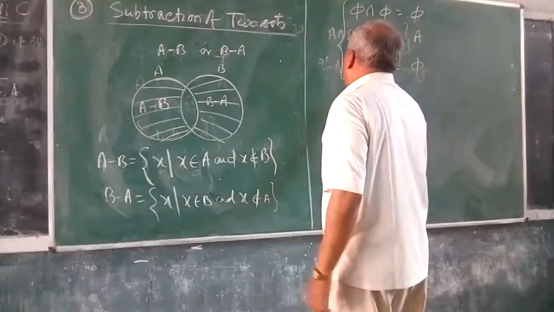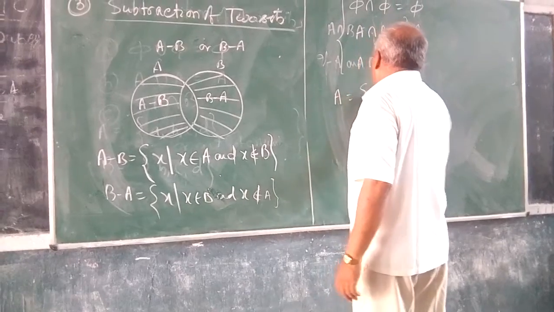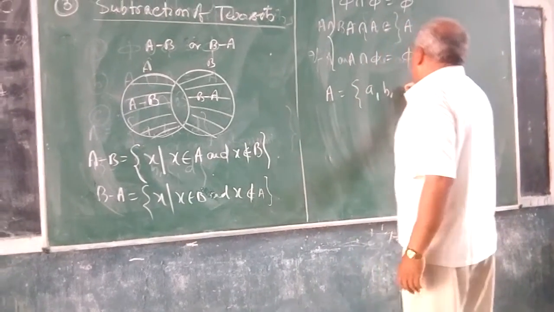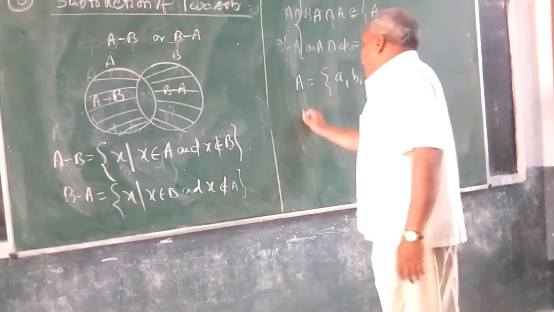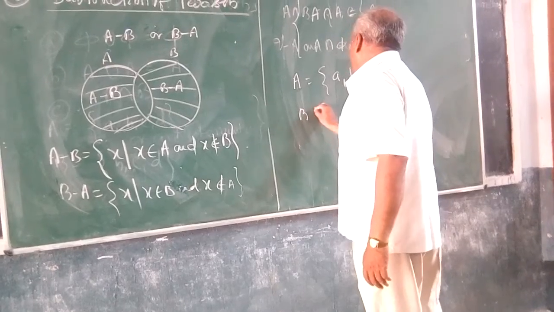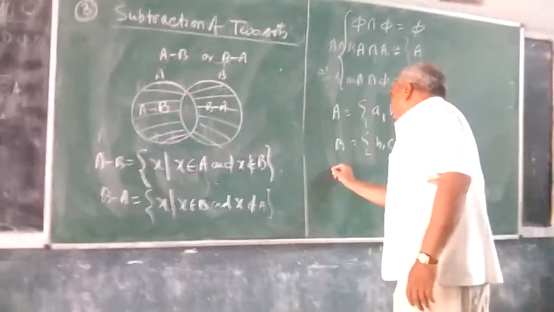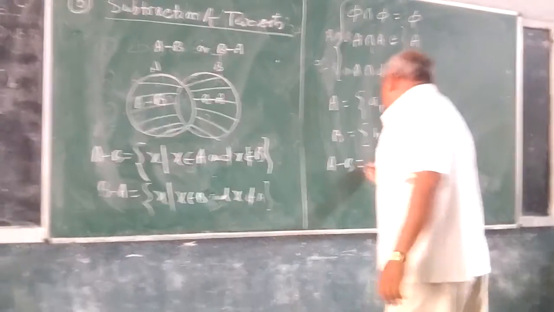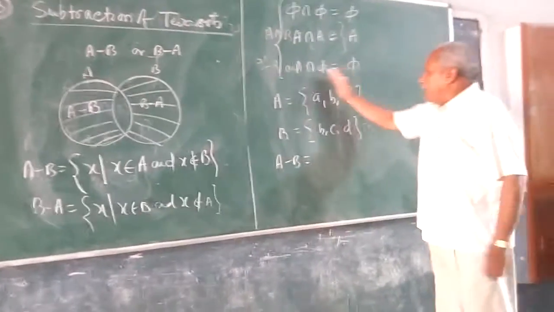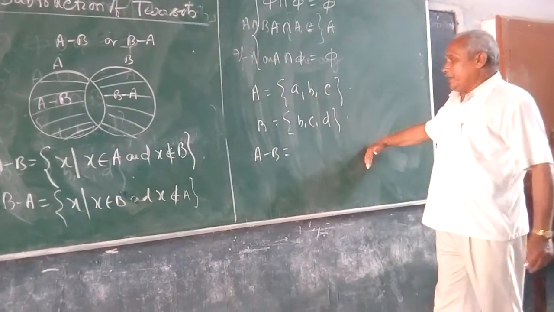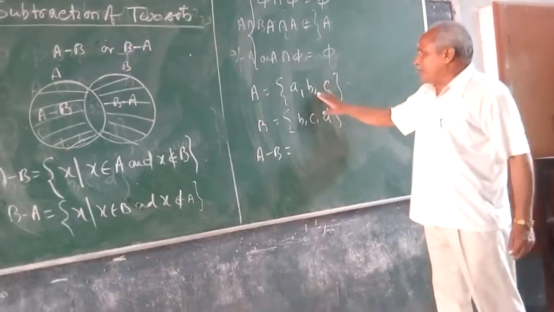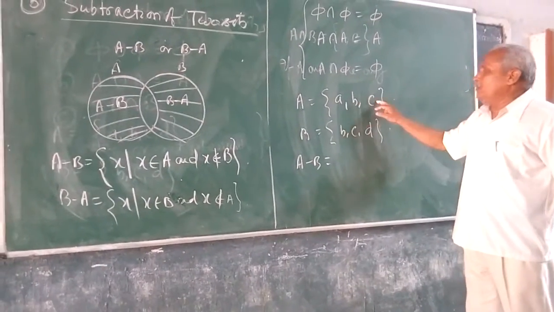Now, take an example. Let A equal A, B, C and B equal B, C, D. Now A minus B means from A, B is subtracted. Then the elements B and C will be subtracted.